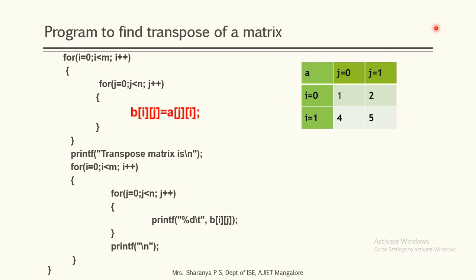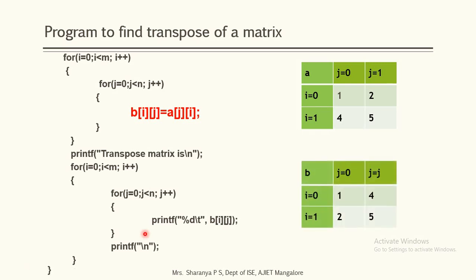What is this transpose? Now, whatever we see here as 1, with the I value 0 and j value 0, needs to be stored in the location j0 and i0. That is, here it will be stored in this particular location. Whereas for the next one, whatever we see in this location needs to be stored in this location.